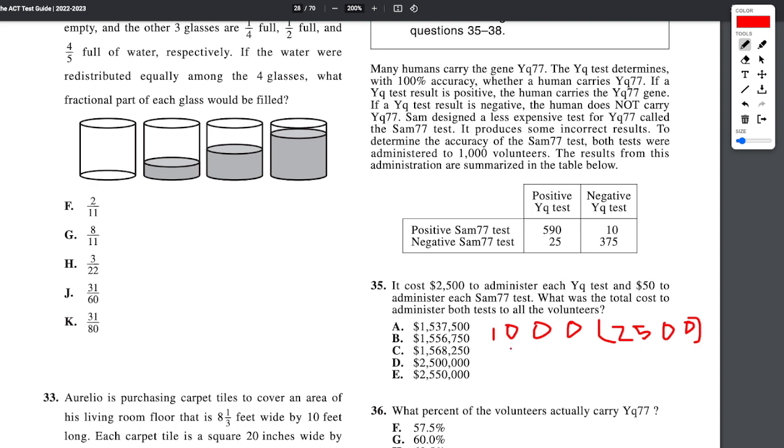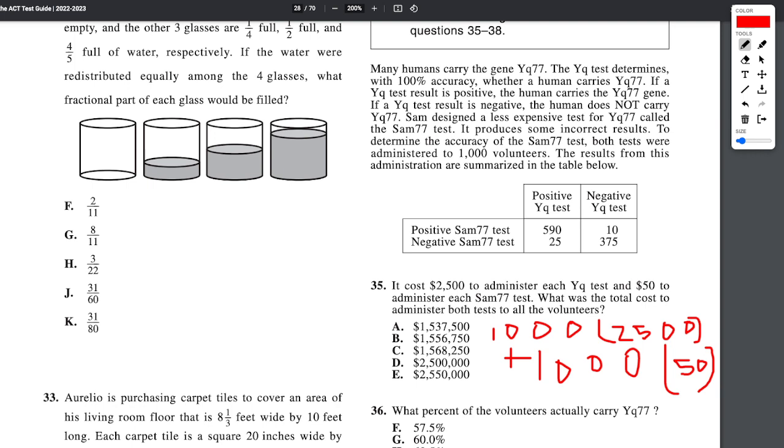For the 1,000 people to get the SAM77 test, it costs them only $50, which is a lot cheaper. Much cheaper, y'all. Interesting. And then you just do the math on a calculator.